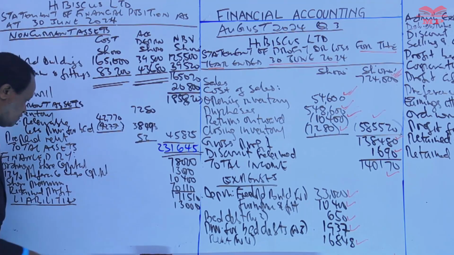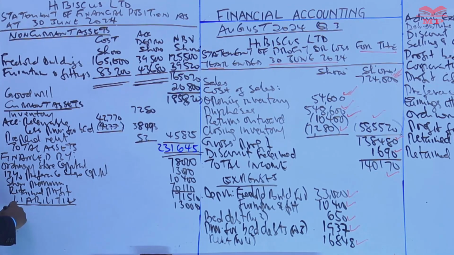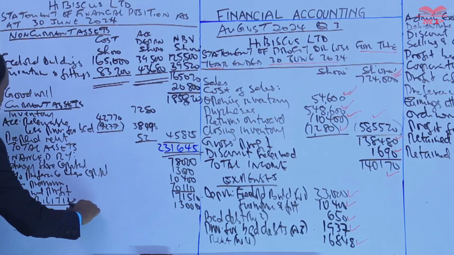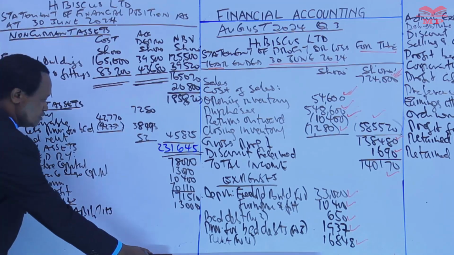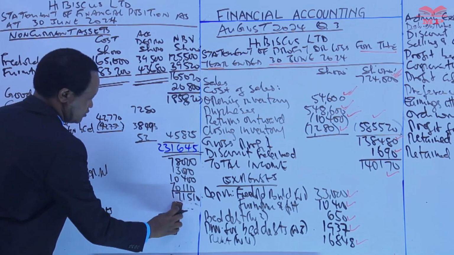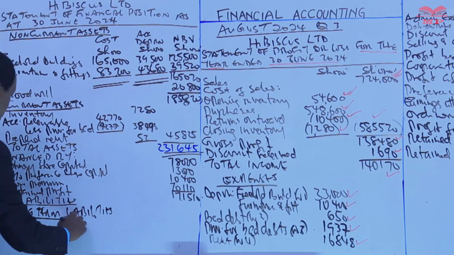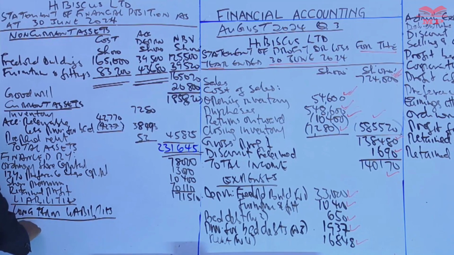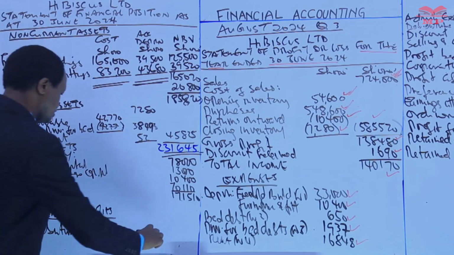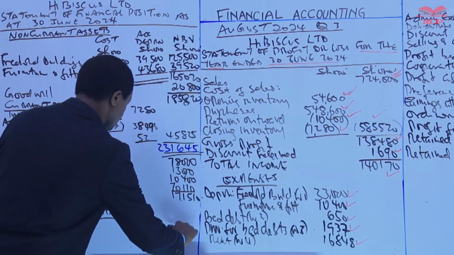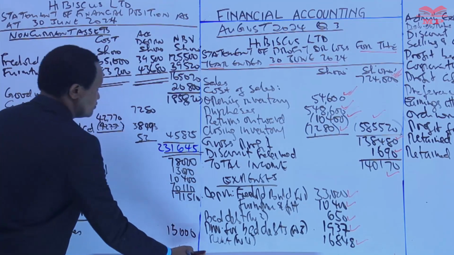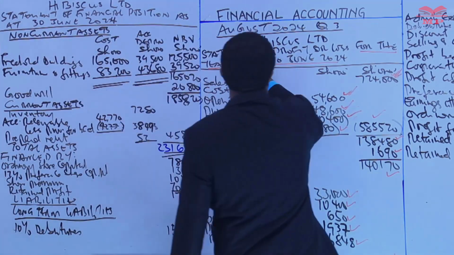Liabilities, we have long-term liabilities, 13 million, 10% debentures. Then we proceed here.